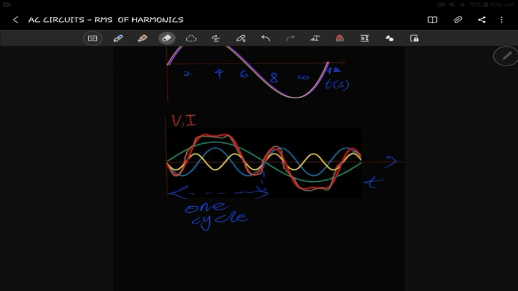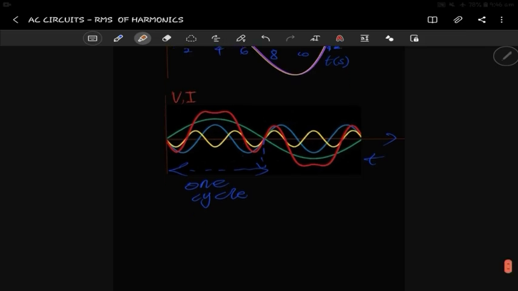Because it's complex to represent, we break it down and get other waveforms, right? When you look at these very well, we clearly see that we have a blue waveform, a yellow waveform, and a green waveform. You have the fundamental waveform, which will be the green one here.